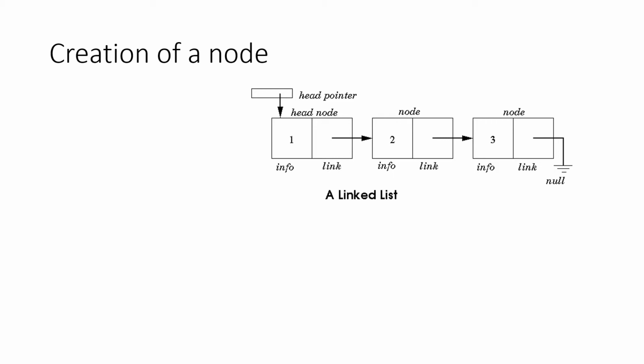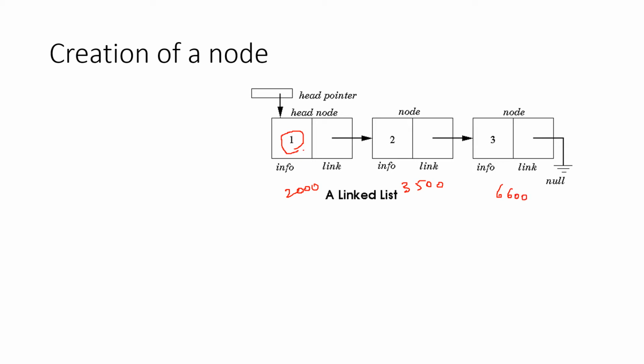Just for an example, the memory locations needed for storing the data in the first node may be 2000, and for the second node it may be 3500, and for the third node it may be 6600, and so on.